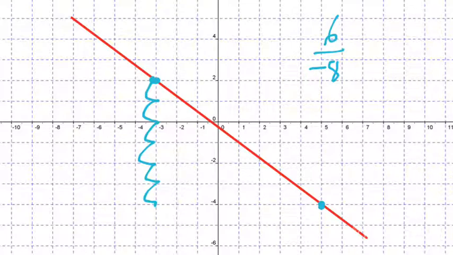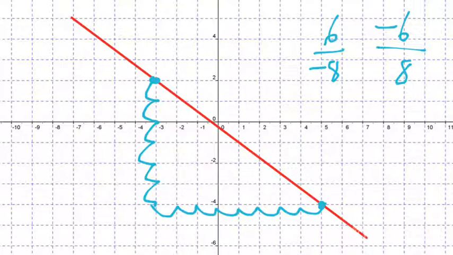Because you fell, it's -6. But here, do you reverse or do you run? 1, 2, 3, 4, 5, 6, 7, 8. Because you ran, you didn't reverse, it's a +8. They're both the same thing. That is why, my friends, slope is written like this.